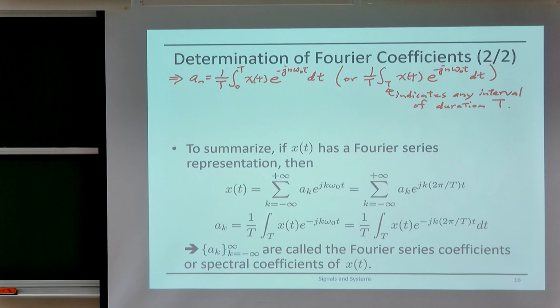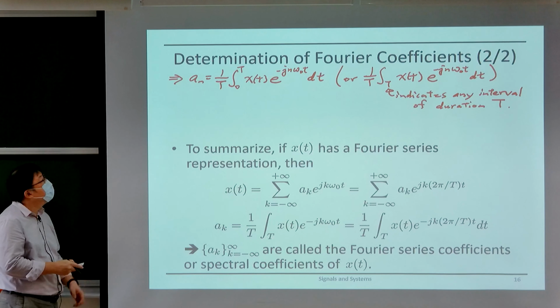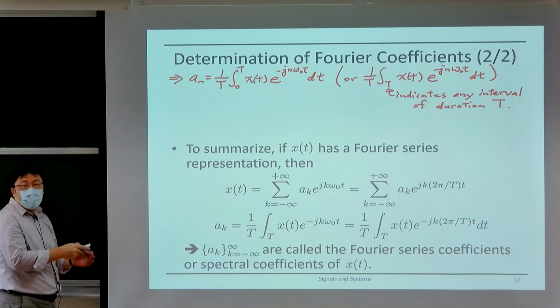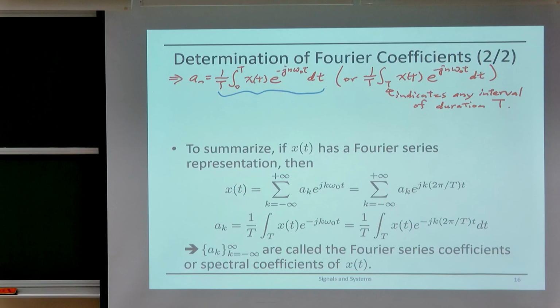In linear algebra, you can view this as taking the inner product between x of t and the basis function e to the j n omega naught t, often denoted by this bracket here.